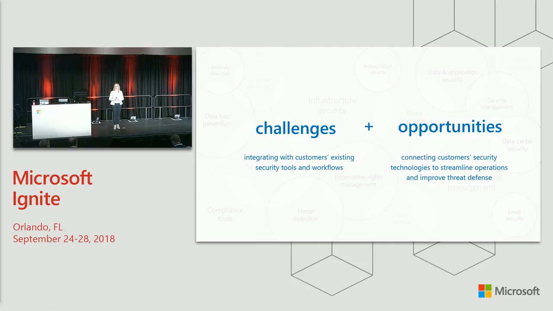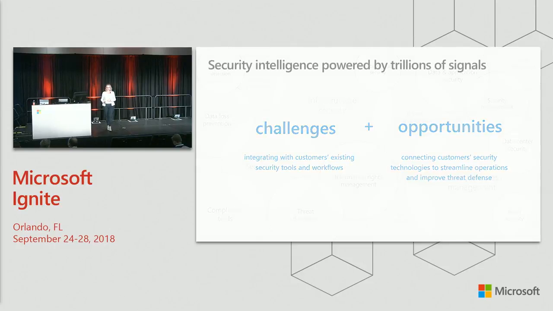Imagine if an endpoint protection solution could have insight into what was happening on the network level, or a cloud workload protection solution could have better insight into what's happening with those users that are signing into those applications. By sharing insights across security technologies, we really believe, again, that we can increase the overall effectiveness of those technologies, making them smarter and helping to improve the overall effectiveness for our customers.